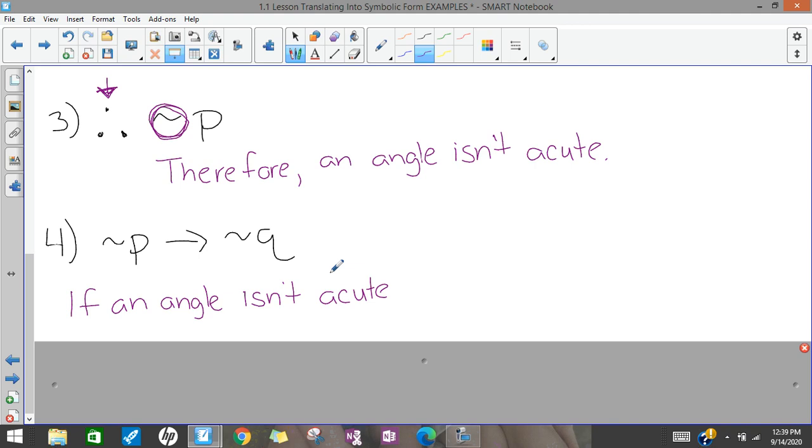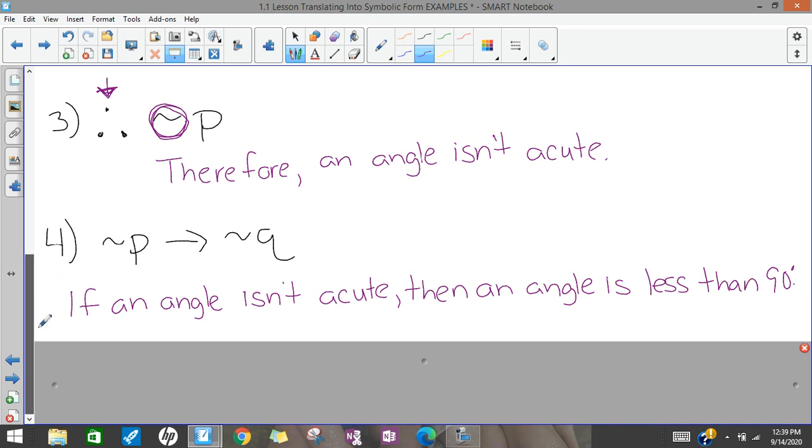Then since we have the arrow, we have that comma then. We've been using not Q now almost the whole time on this page. Not Q was an angle is less than 90. And there we have it.